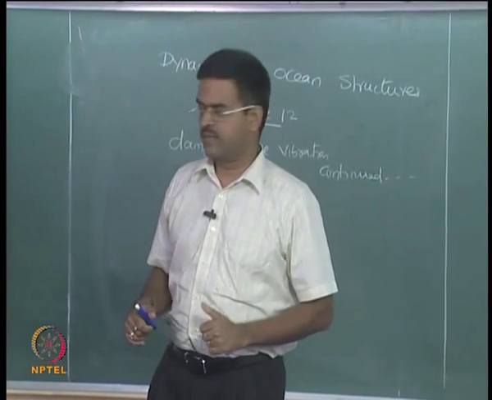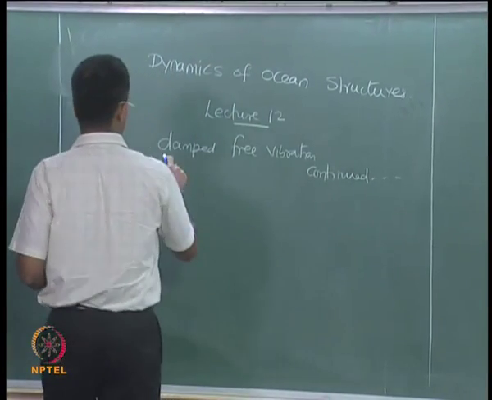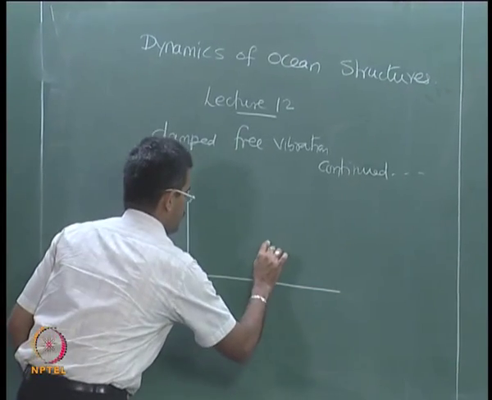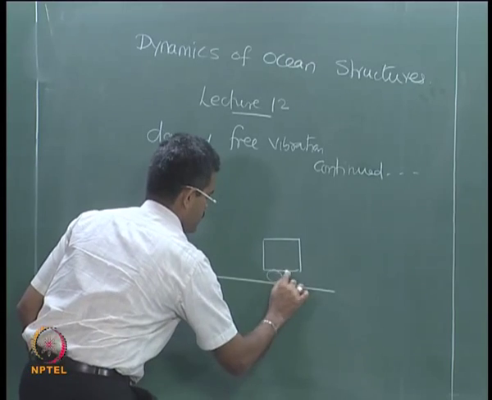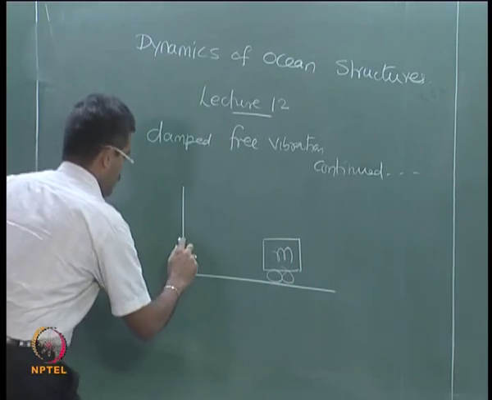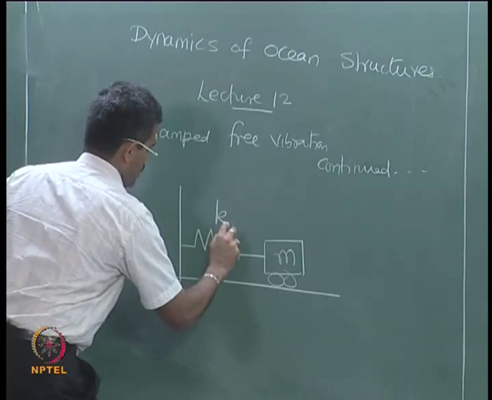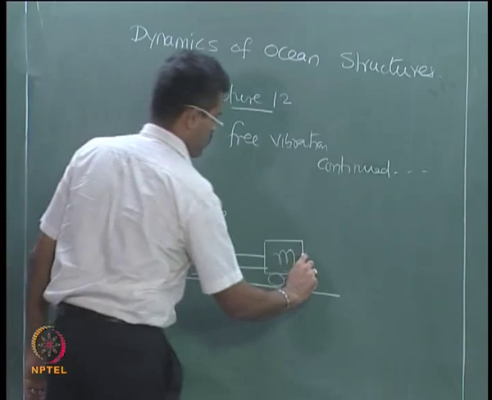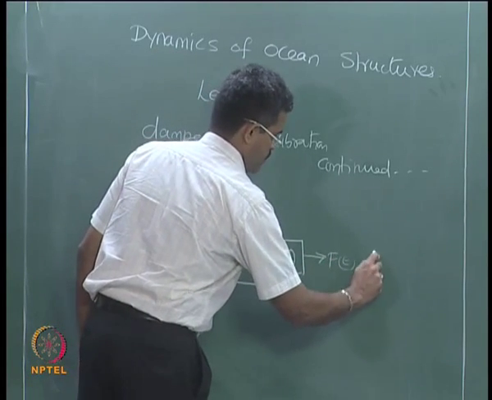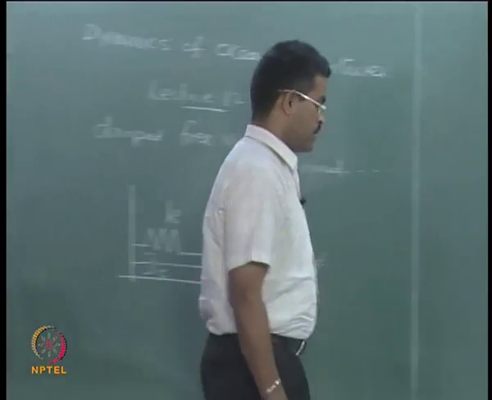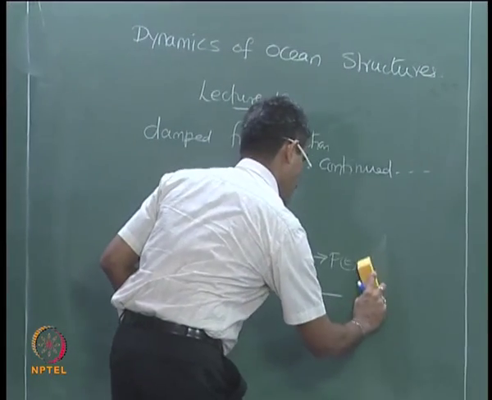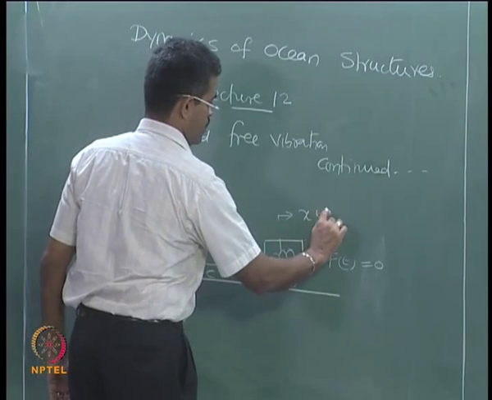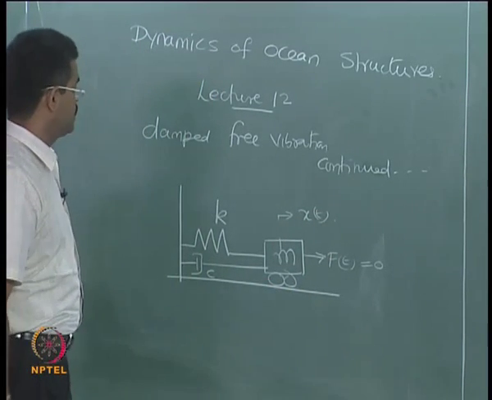In the last lecture we discussed damped free vibration. We had a model having the inertia component, having the elastic restoring component, also a dashpot having the C component, and of course we said f of t will be set to 0, and I am measuring the response at the point where the mass is lumped.